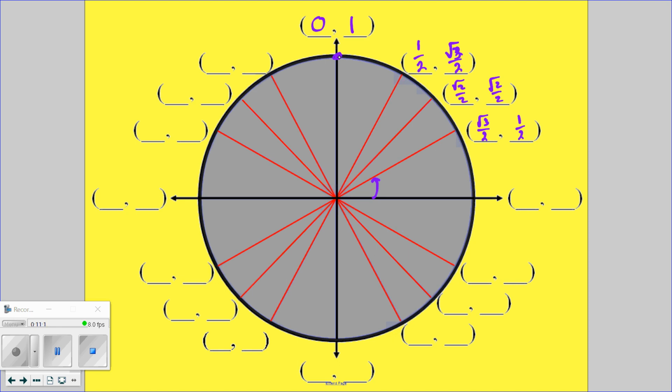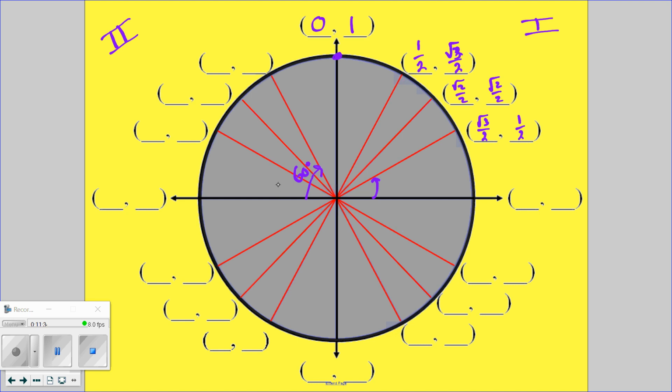As we keep going, remember that I said that our angle is always measured from the x-axis. So going around our circle, the next coordinate point that we come to, measured from the x-axis, is actually 60 degrees up from the x-axis. But instead of being in quadrant 1, where sine and cosine, which means x and y, are both positive, in quadrant 2, I know that the x's are negative.